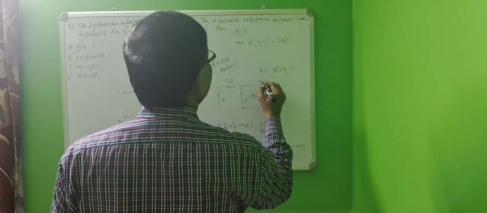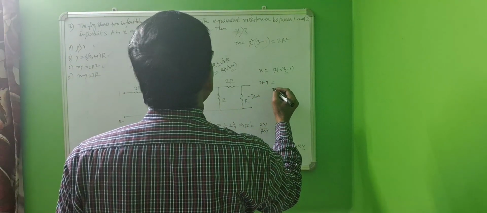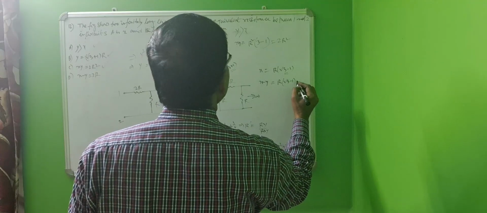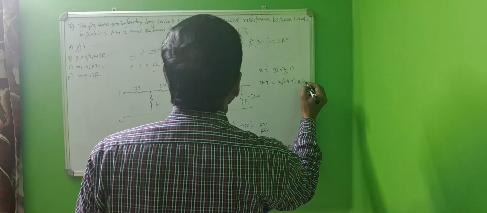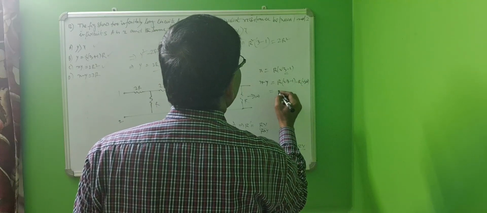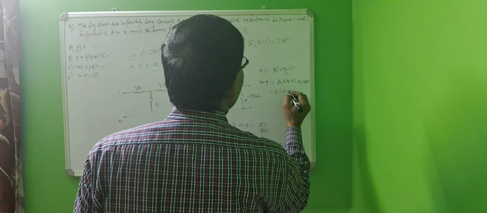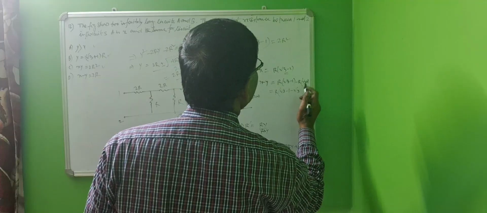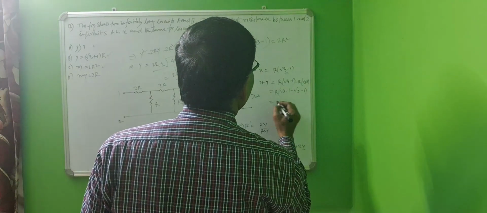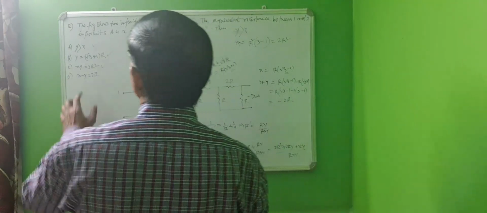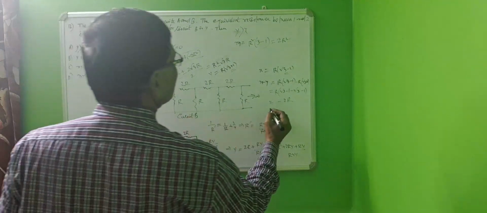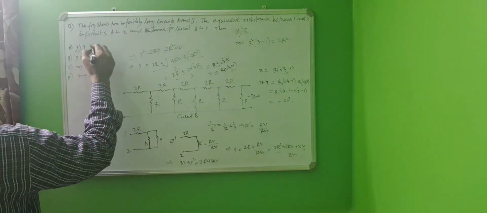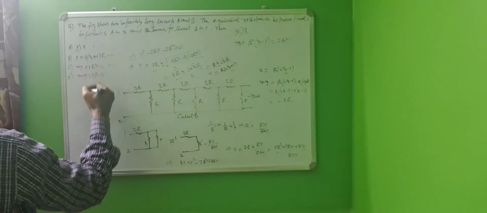Now x minus y equals minus 2R, so this one is wrong. So answer A, B and C. This one is the wrong one.